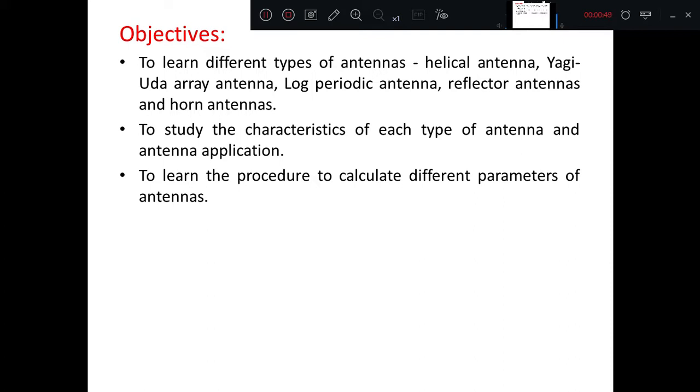We are also going to study the characteristics of each type of antenna and their application. And also we have to learn the procedure to calculate the different parameters which are associated with each of the antennas. So these are the objectives of this module.